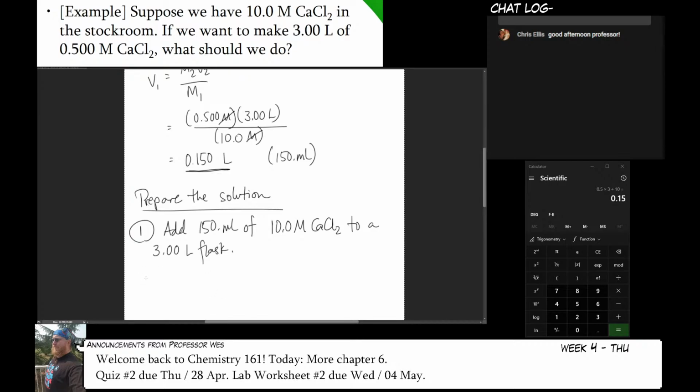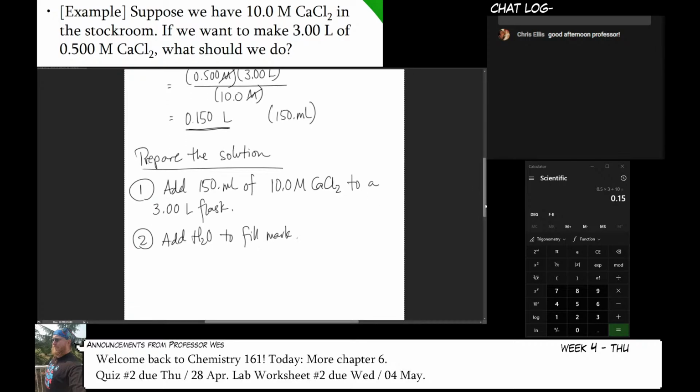And then once we have done that, step 2 would be to add H2O to the fill mark. And then step 3 would be to mix for 60 seconds. And of course, step 4, enjoy.